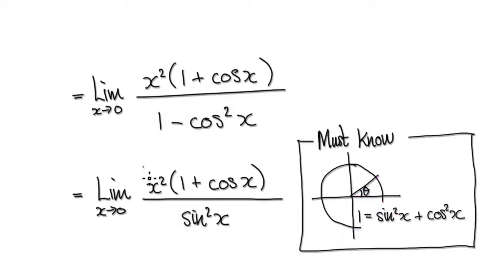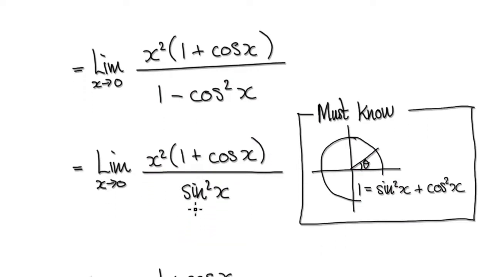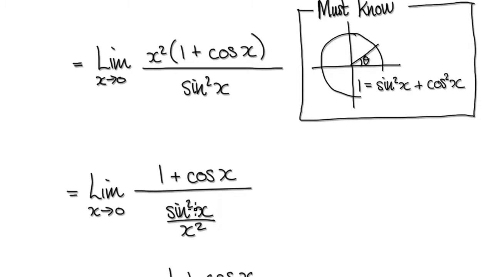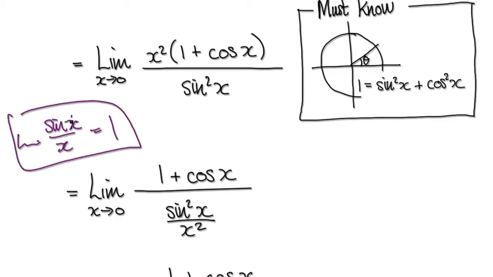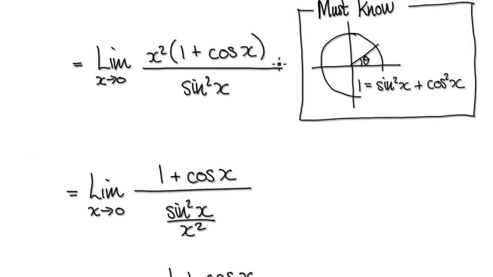So now we've got one thing divided by another thing. So now remember sine x over x. Take the limit. That equals 1. Well, hopefully you can see that in here. You've got x squared. Well, what you do from here is you would divide top and bottom by x squared, because you want to move this down here so that it can be like this.